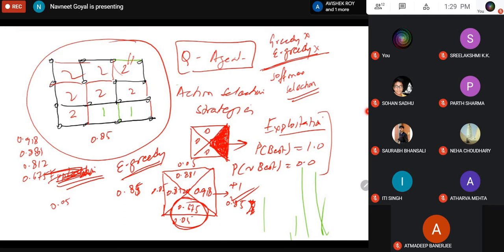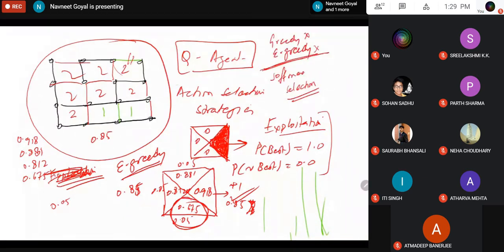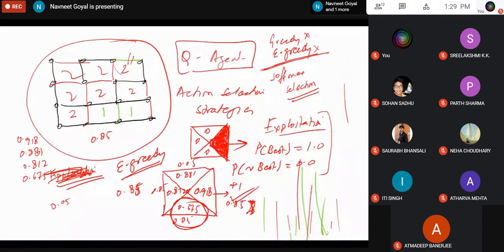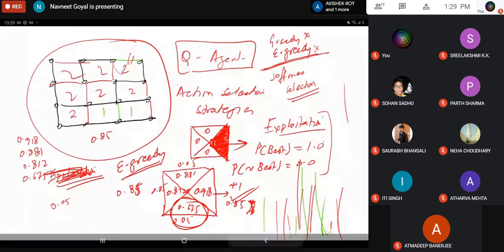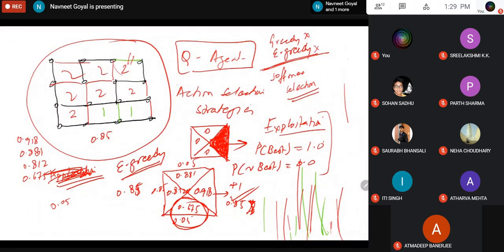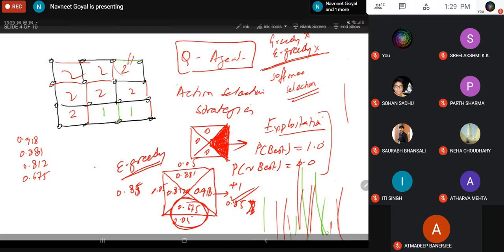Let me erase a few things so that there is less clutter. I have to select the pen again.